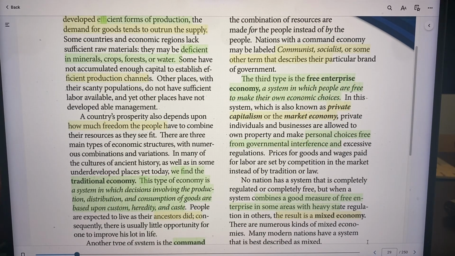The government is not in control. Of course, some countries have a mixture of all three, or one or two of these, the traditional economy and the free enterprise, and bringing in command. There's a mixture of all of these in some countries. But those are the three basic types of economies.